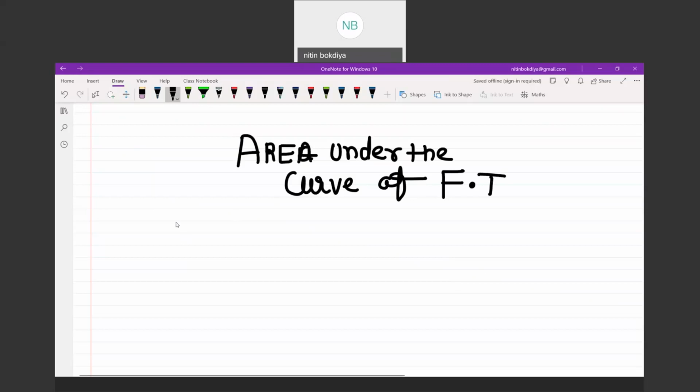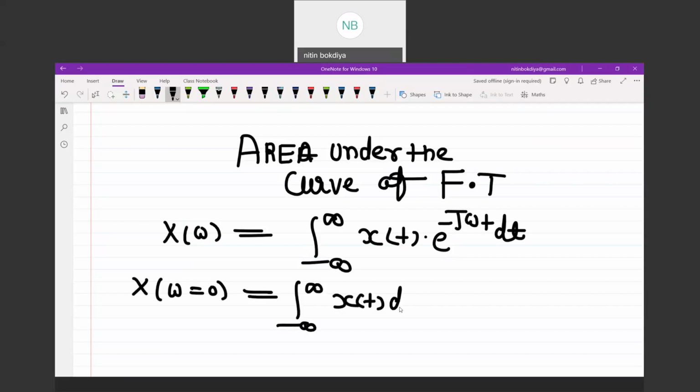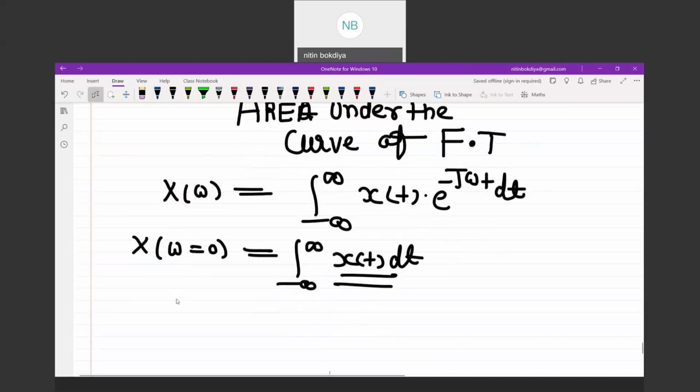And what it says is that x of omega is given by integral from minus infinity to infinity of x of t into e to the power minus j omega t into dt. So I can take x at omega equal to 0, and x at omega equal to 0 is given by integral from minus infinity to infinity of x of t into dt. So the area under the curve of the time domain is equivalent to capital X of 0, the value at frequency equal to 0.